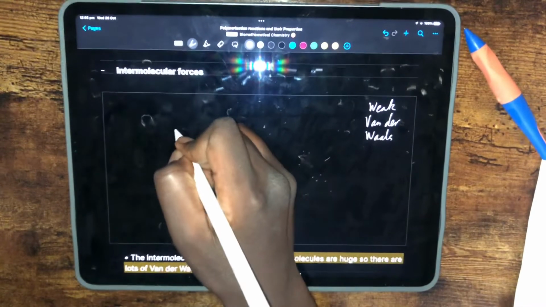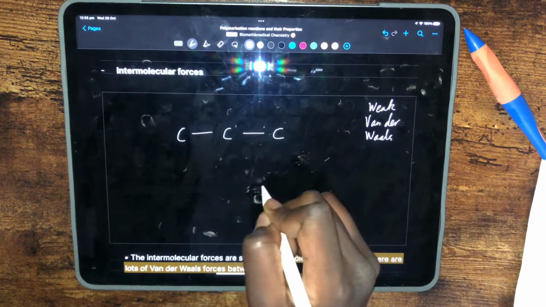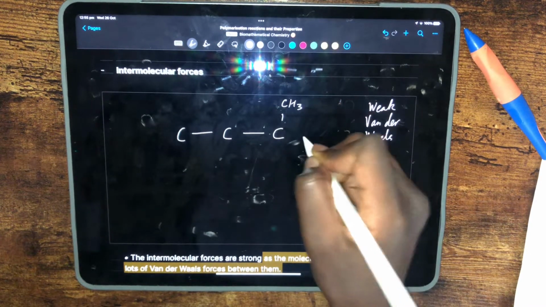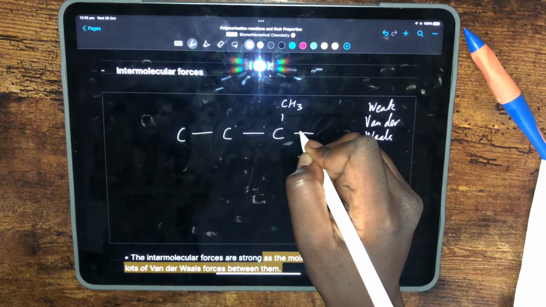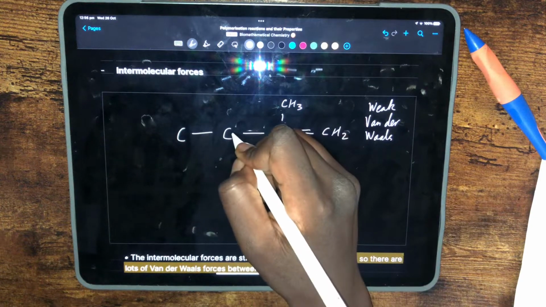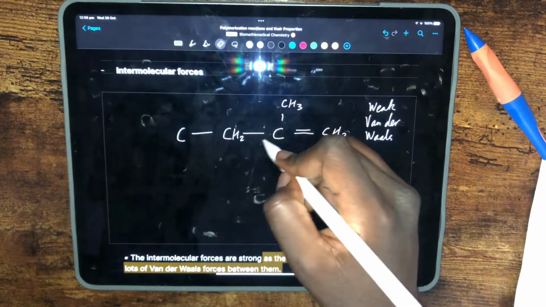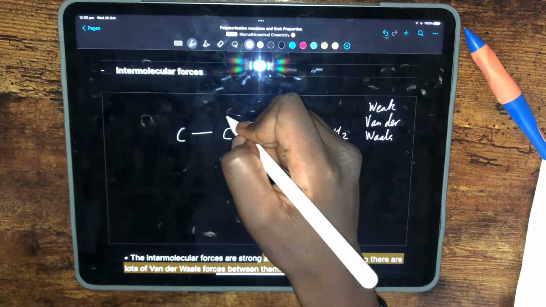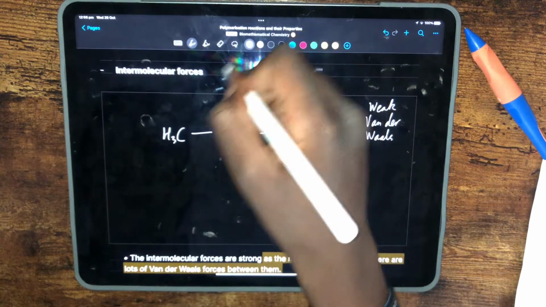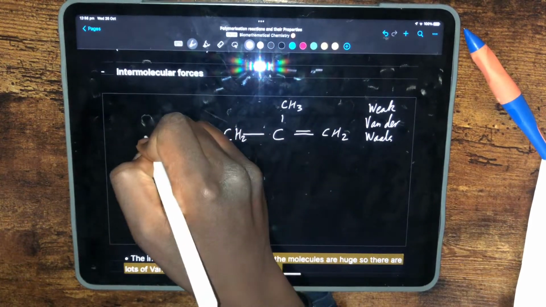If I was to have this structure in the polymer chain, for example, let's keep this as CH2, CH3, or if we're talking about polymers, I could change that to a CH2, and then carry on.